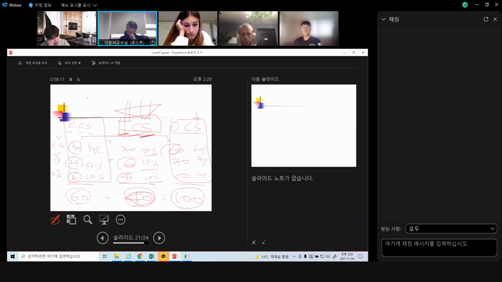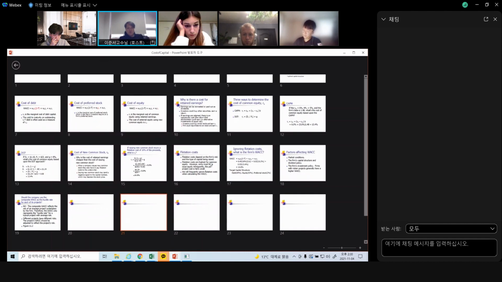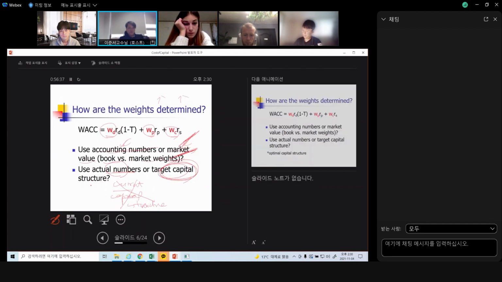So when we calculate the WACC, in that equation, W is this rate, 75, 15, 10, the target capital structure. Not the current capital structure, not the optimal capital structure, but the target capital structure, right? So we should pay attention to the target capital structure.